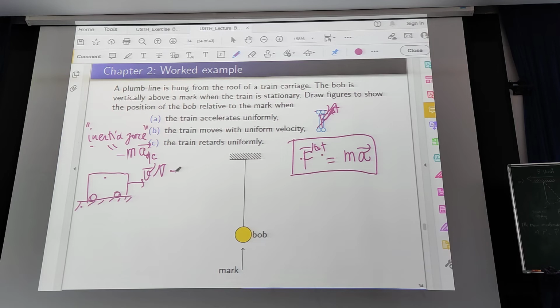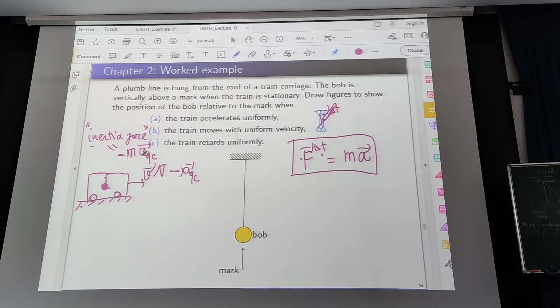The acceleration of the frame is the acceleration of the train with respect to the ground. If you consider a mass on the train, it will be acted on by the inertial force, which is in the opposite direction to the acceleration of the frame, multiplied by the mass. Here is the inertial force.